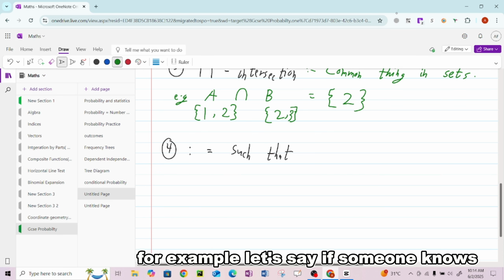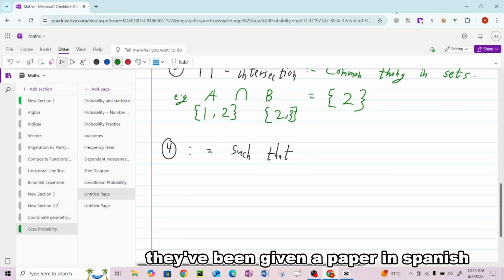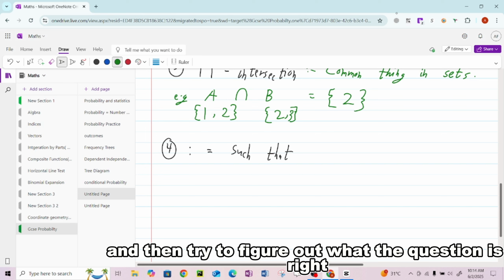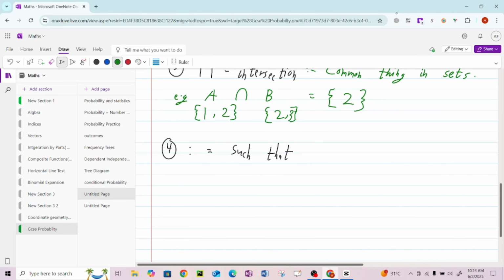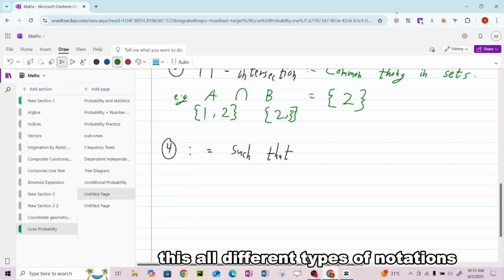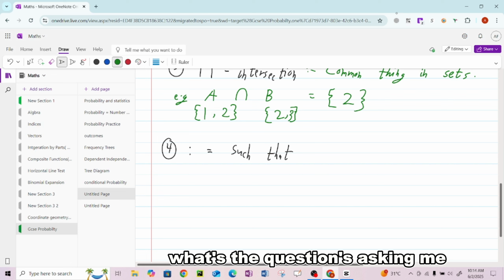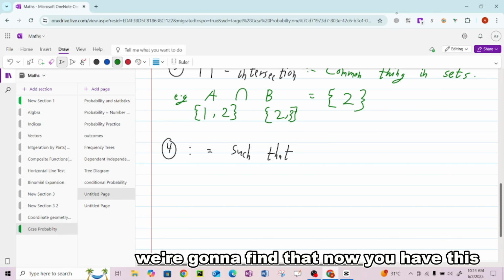For example, if someone knows English and they've been given a paper in Spanish, they have to read the Spanish and then try to figure out what the question is, right? Same thing here. You could say sets is a different language. You're going to be given all different types of notations and symbols, and you have to find out what the question is asking you.